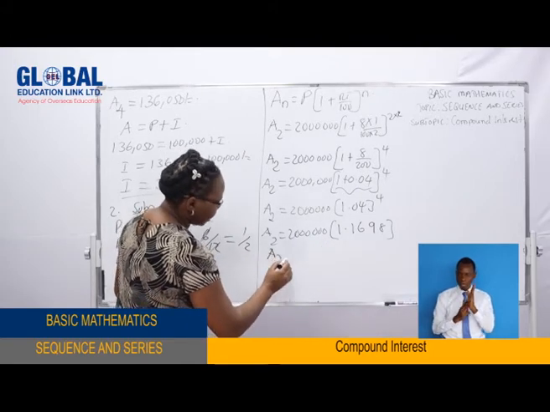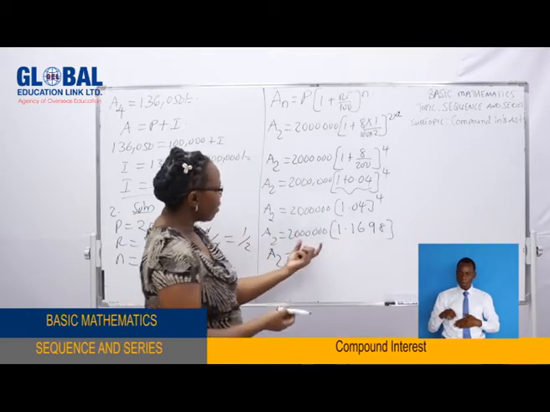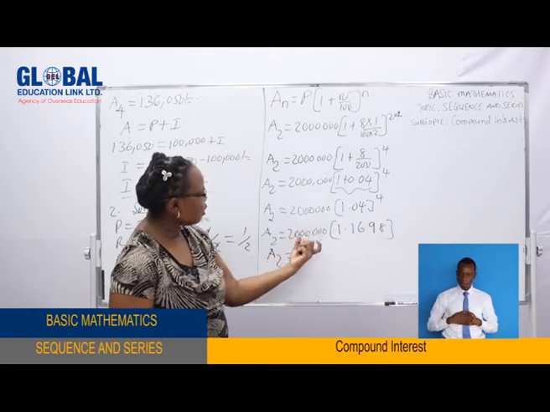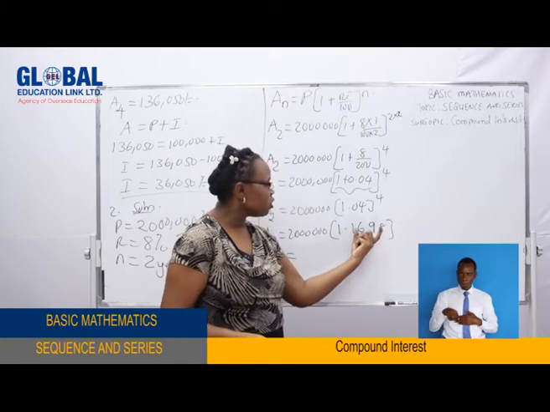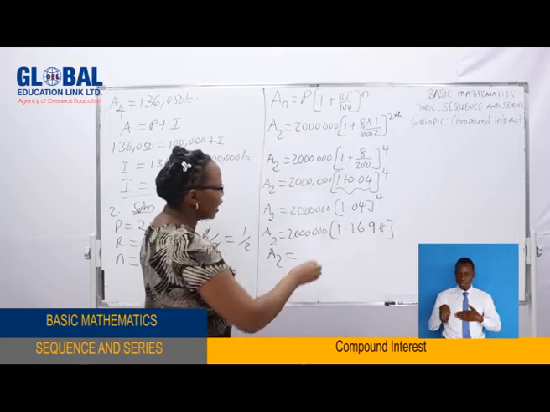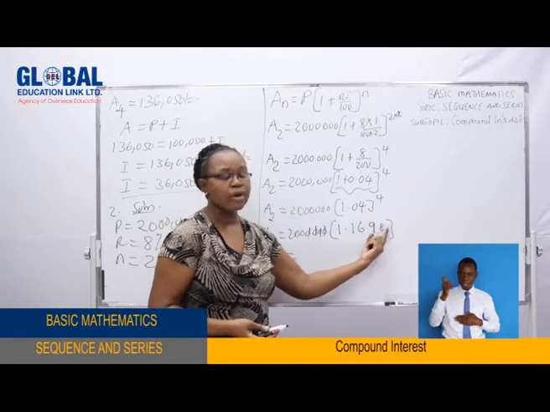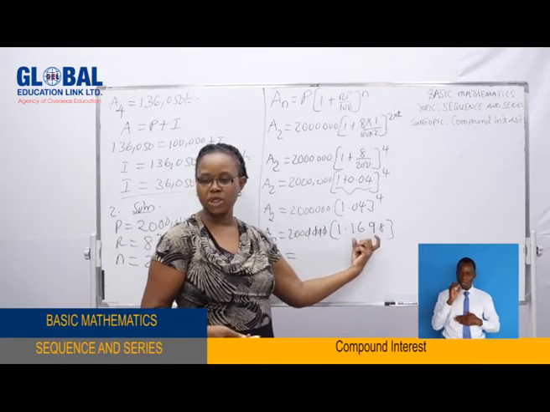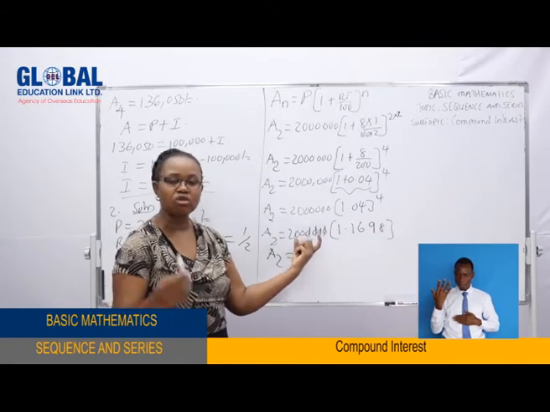The amount in the second year will be, we can look here, in 2 million we have 6 zeros. But in our decimal we have 4 decimal places. So these 4 decimal places will cancel with 4 of the zeros, because you have 4 decimal places and you have 6 zeros in 2 million.